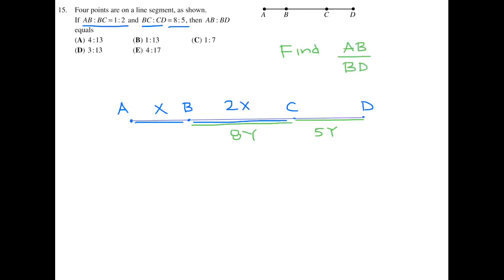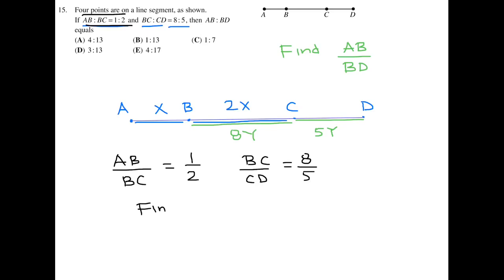All right, let's proceed with this. So AB over BC is 1 over 2. That's the first condition that they gave us right here. And they also told us that BC over CD is equal to 8 over 5. So they want you to find AB over BD.